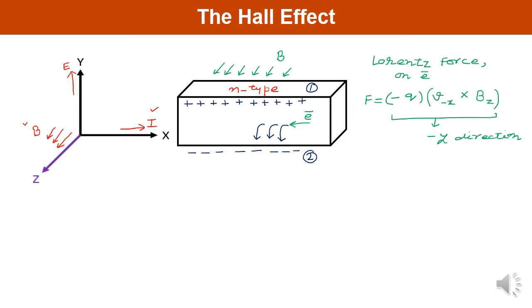So it gives rise to a potential difference which can be represented as VH, with positive and negative as shown. You can draw this potential as VH, and this VH is known as the built-in Hall voltage.